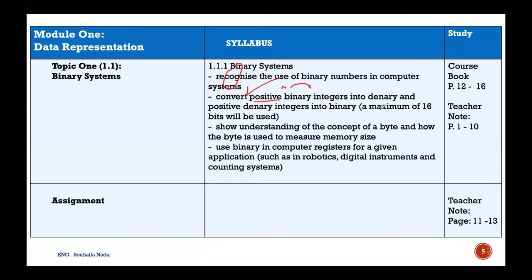We all studied decimal values: 2, 3, 5, 27, 32, and so on. And vice versa, how to convert from a positive integer into binary. Then, the concept of byte and how the byte is used to measure memory. Use binary in computer registers for a given application like robotics, digital instruments, generally any control system.